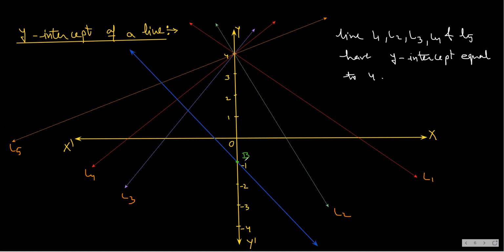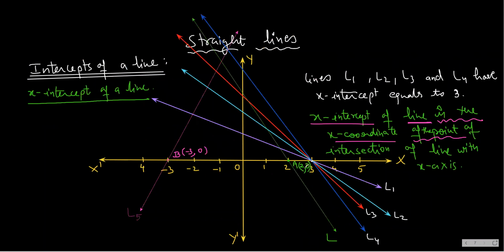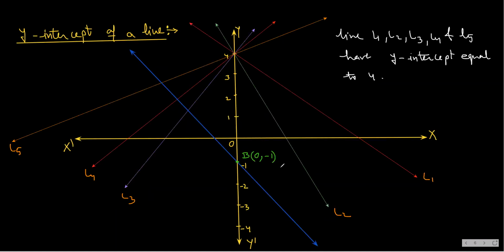Remember, students, for y-intercept we are taking the point where the line cuts the y-axis. So this is B. The x coordinate of B is 0 and the y coordinate of B is -1. The point B is on the y-axis, so the x coordinate is 0. You saw in the previous one, the y coordinate was 0 because the point was lying on the x-axis. Here, the point is lying on the y-axis.